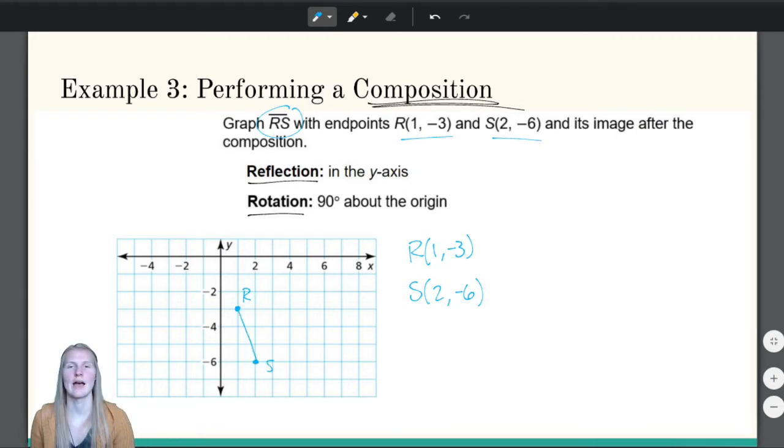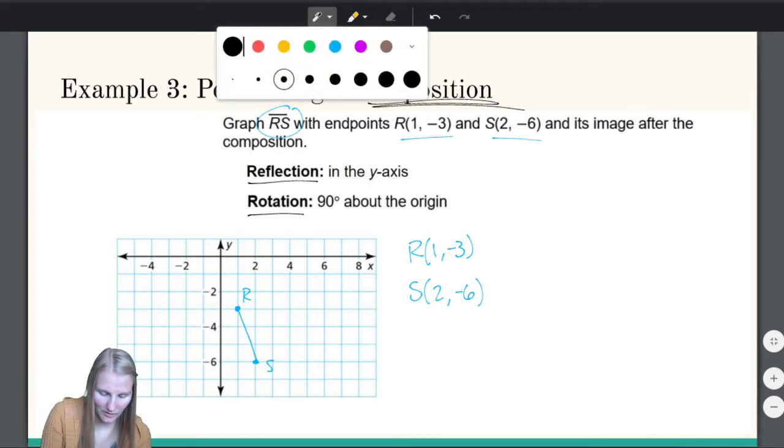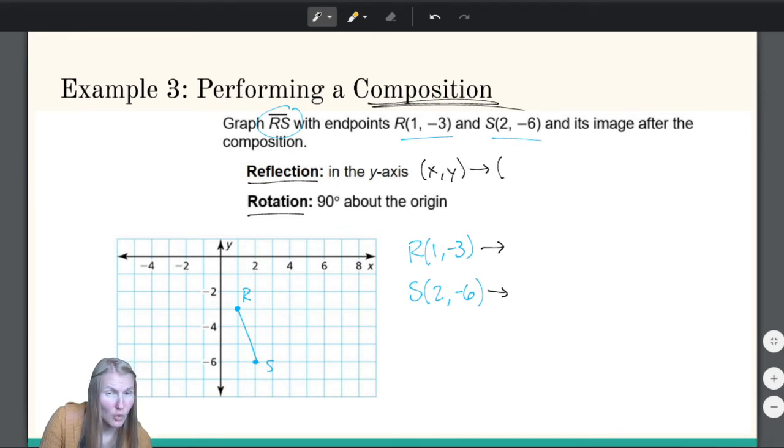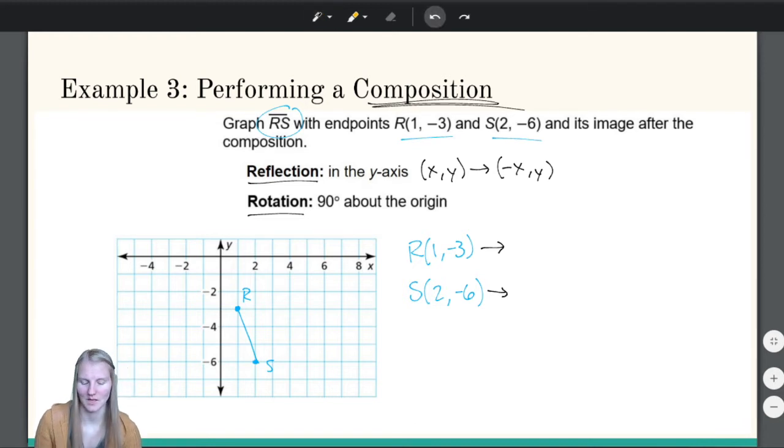So here's RS. Now, it wants us to reflect in the y-axis. What is the rule for this? I take x and y and I make, which one do I make negative? The x values become negative because I'm reflecting in the y-axis.